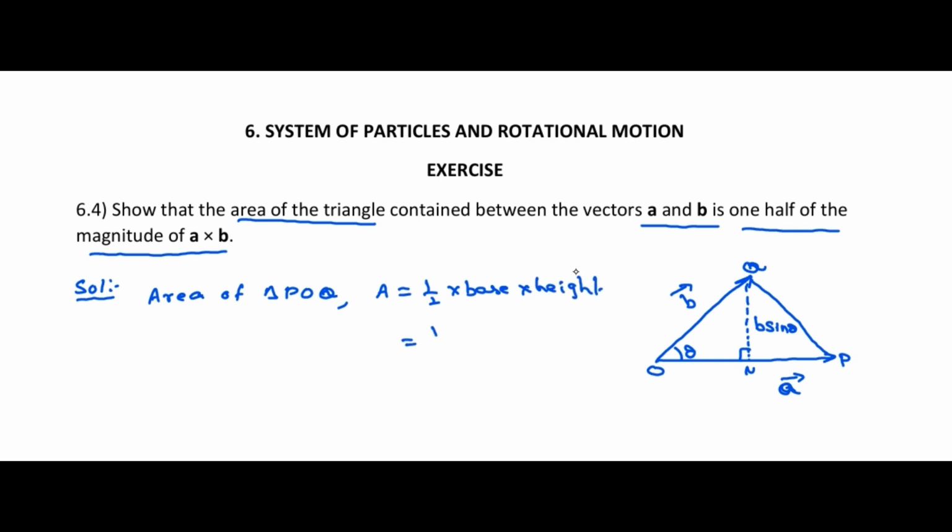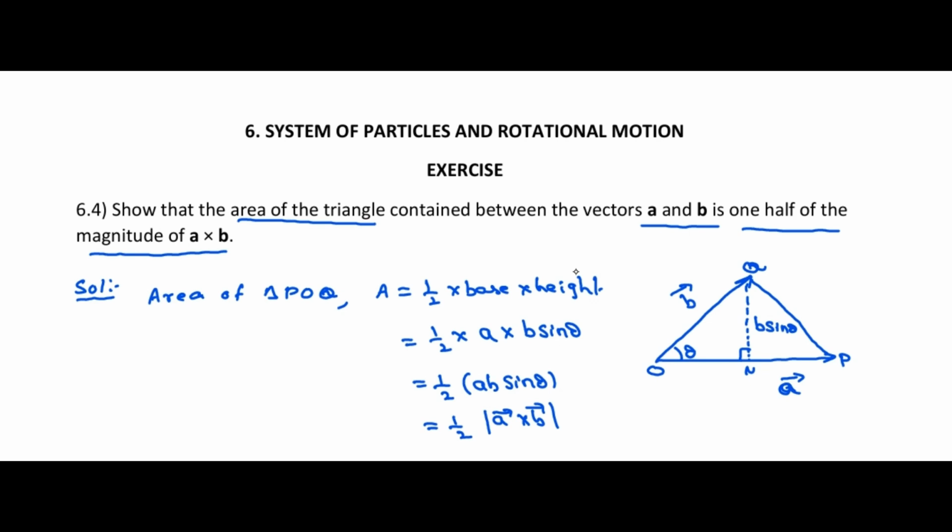Here we'll take the magnitude alone. Half into base, which is A, height is B sin theta. That is equal to half into AB sin theta. That is half, a bar cross b bar under mod, which is equal to AB sin theta. So this is nothing but the proof.